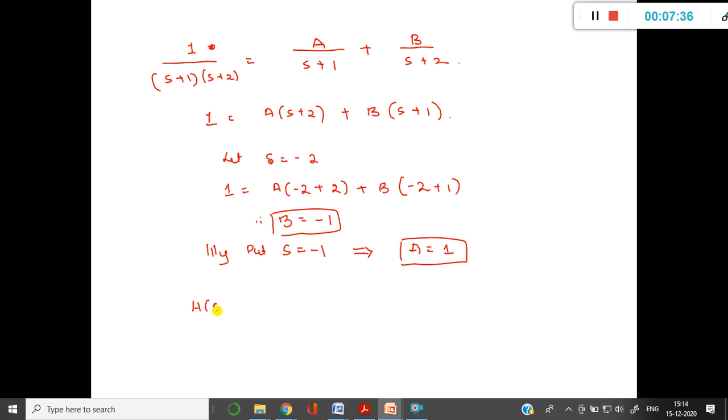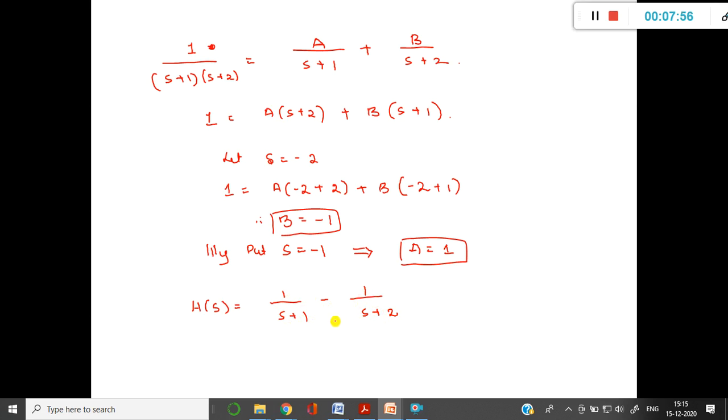Therefore, what is H of s now? H of s equals 1 divided by (s plus 1), the first factor, and the second one is minus 1 divided by (s plus 2). Now look at this, you can easily go for taking the inverse Laplace transform.